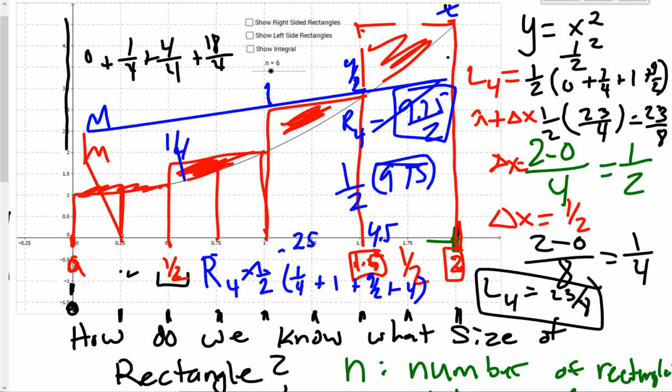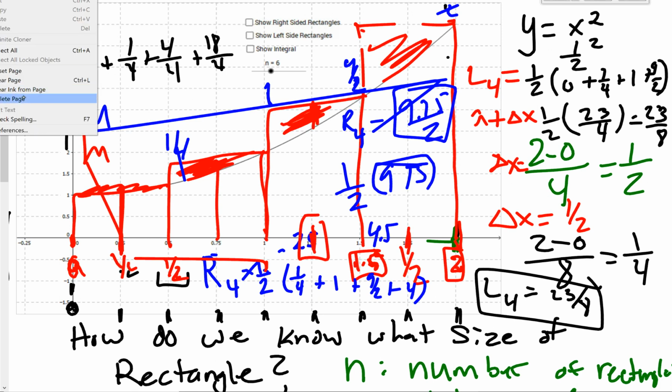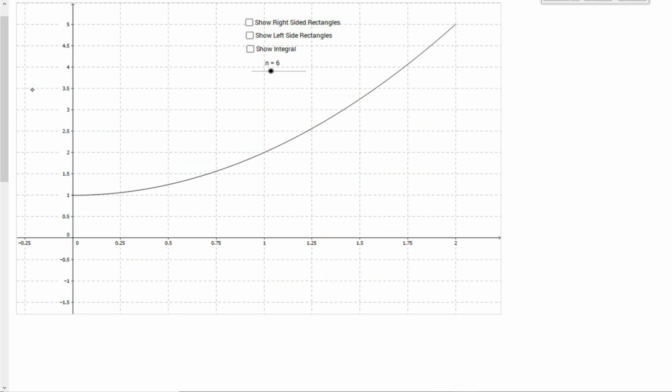So you still have these x's, but now you got to find the middle of those x's. So I got to take 0 and 1/2, find the middle, 1/4. 1/2 and 1, find the middle of that one, 0.75, and so on. So I got to find the middles, and then I got to plug those middles into my equation to find the heights of those. Now what you'll notice about this is that when you look at these rectangles, you have a little bit above and a little bit below.